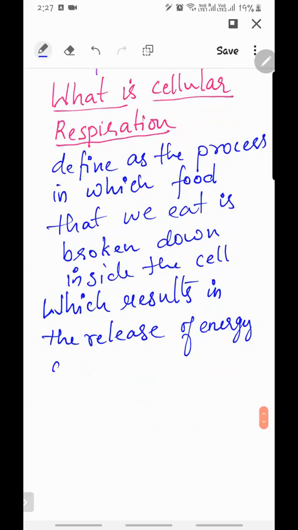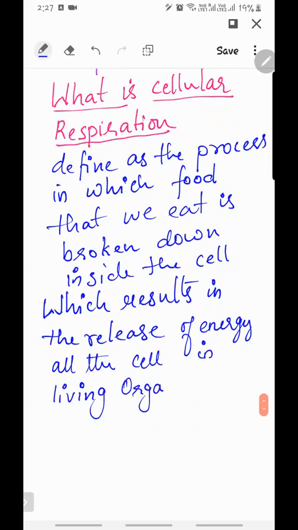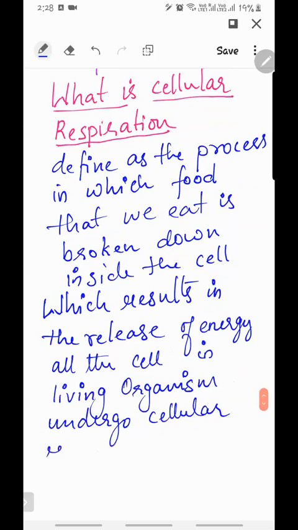All the cells in living organisms undergo cellular respiration.